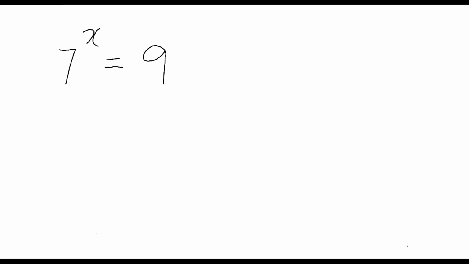If we take log on both sides here, you have to think what base am I taking? So since the base here is 7, you take log base 7, and on the other side also log base 7 of 9. So in front you put a log. Then on this side, this whole thing will get cancelled and you will just get x. Hope you can see it.